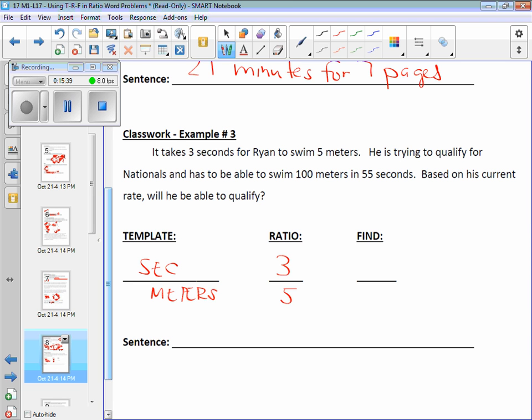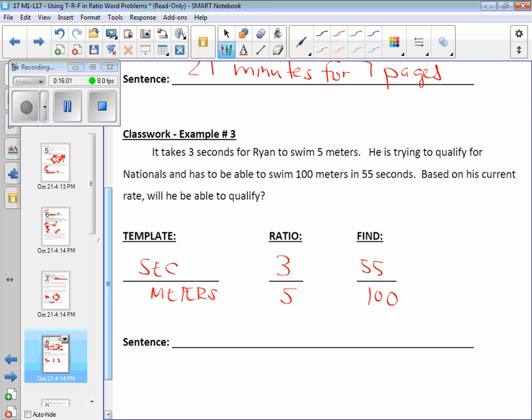Now, the question's different. He is trying to qualify for nationals and has to be able to swim 100 meters in 55 seconds. What they're really asking, and I don't want you to put this in yet, they want to know whether this is an equivalent ratio for 3 to 5. Don't write it in yet.